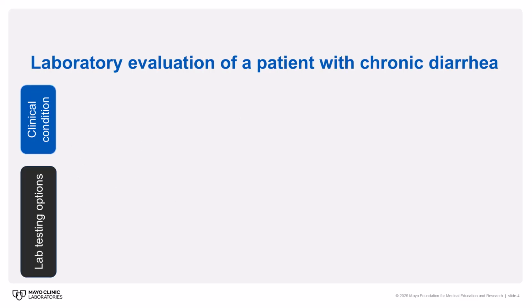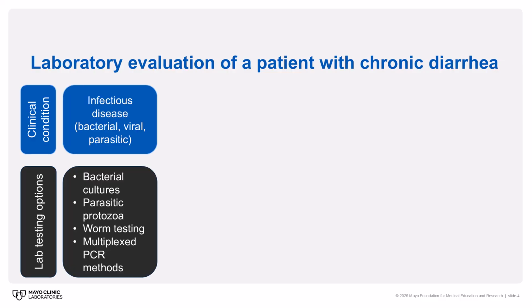There are many laboratory evaluations that can be performed in a patient with chronic diarrhea. We'll only talk about a few of them for each of the clinical conditions. For infectious disease testing, a variety of bacterial or parasitic or viral testing can be ordered, as shown here.